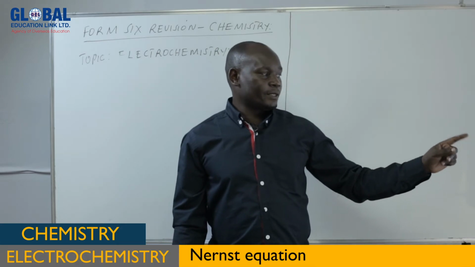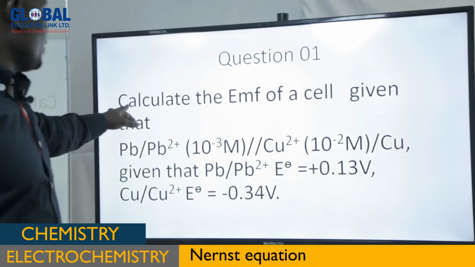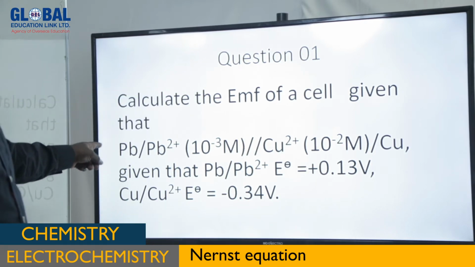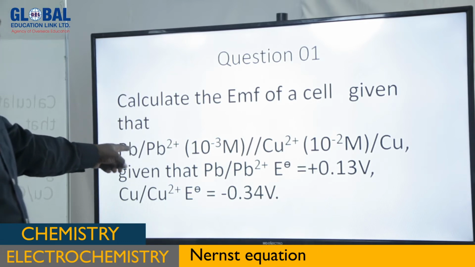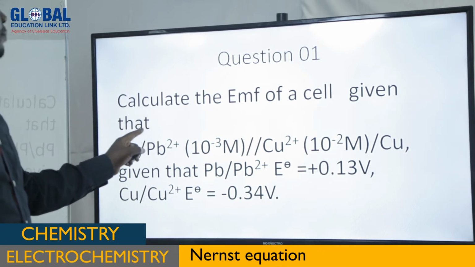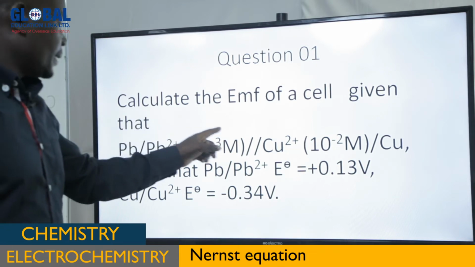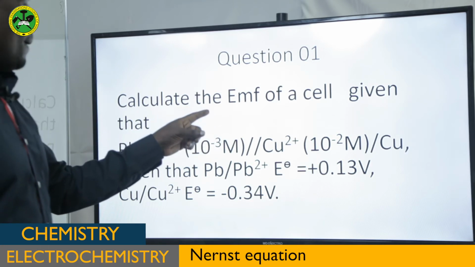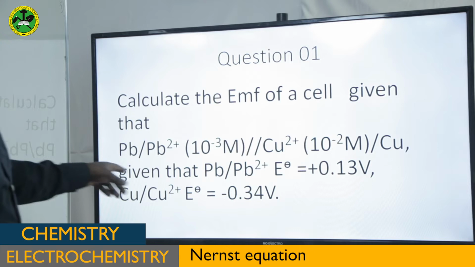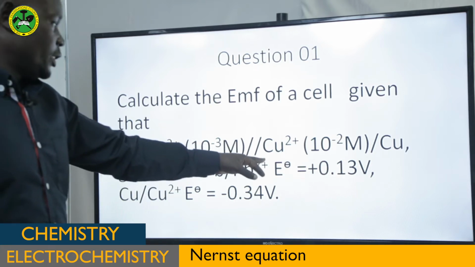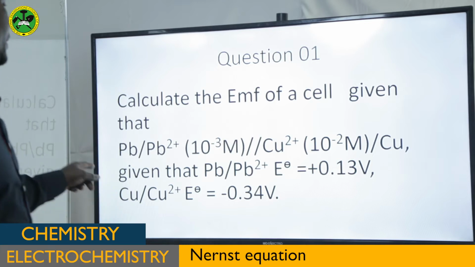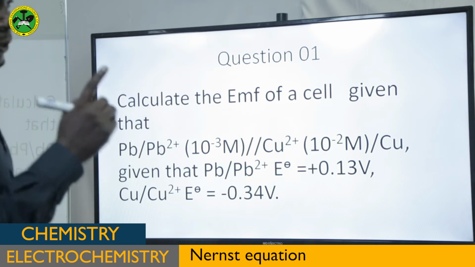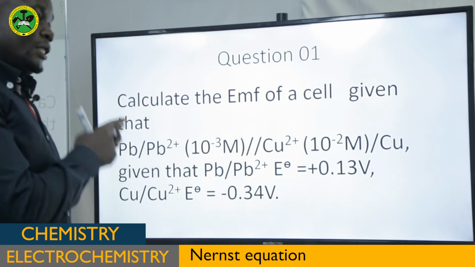concentration of 10 to the negative 3 moles per decimeter cubed, with another half-cell made up of copper with a concentration of 10 to the negative 2 moles per decimeter cubed, given their standard electrode potentials, which is 0.13 volts for lead and negative 0.34 volts for copper. Remember that the standard electrode potentials, to help you judge whether it is undergoing oxidation or reduction, should be written in reduced form.